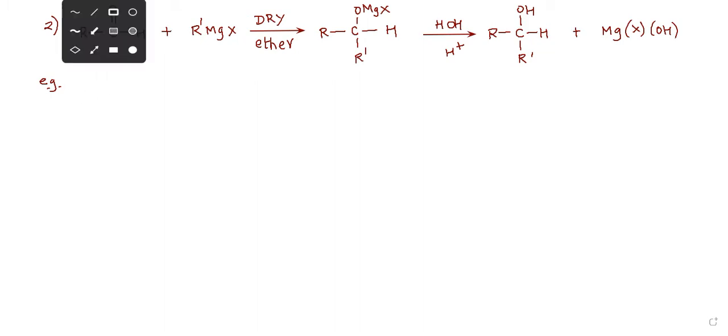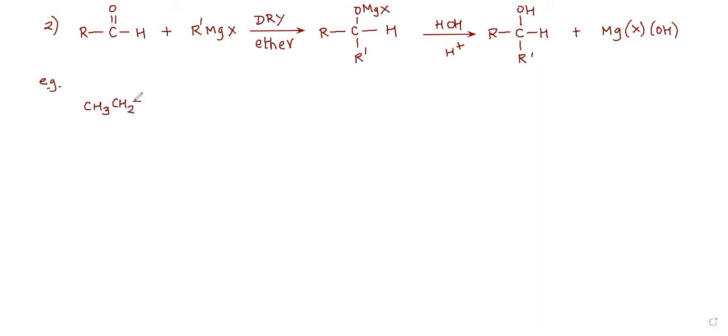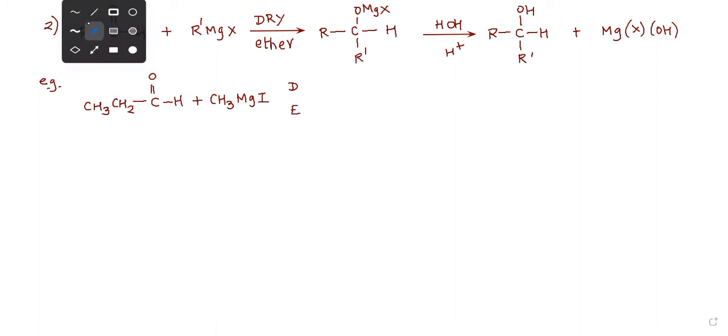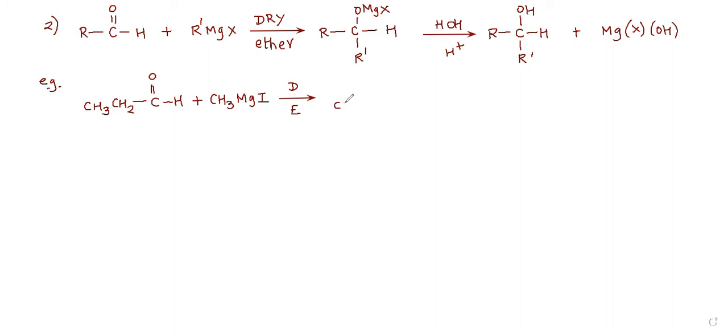One example and then shortcut. Suppose I take CH3CH2CHO as a starting compound. Treat it with CH3MgI. Dry ether first step. So my first intermediate will be CH3CH2CH.